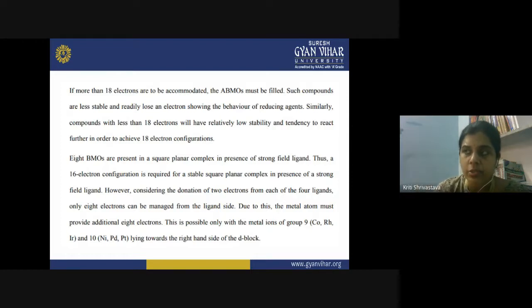Soon it will be lost, because to stabilize the molecule you have to lower the energy of the molecule. So the molecule wants to release that particular electron present in the anti-bonding molecular orbital. Whenever the electron number is more than 18, the incoming electron goes into the ABMO, and therefore such a compound will readily lose that electron.